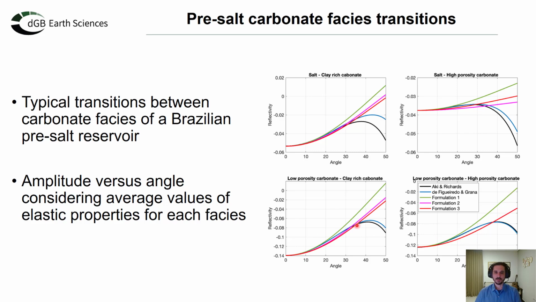And then we have the different formulations here. We can see the black one is the Aki-Richards one, which is the reference for us. And we can see that the best formulation is the blue, which is closer to Aki-Richards than the other ones.